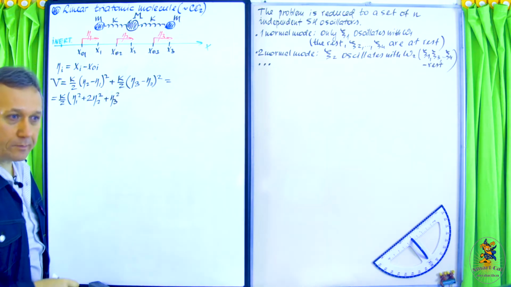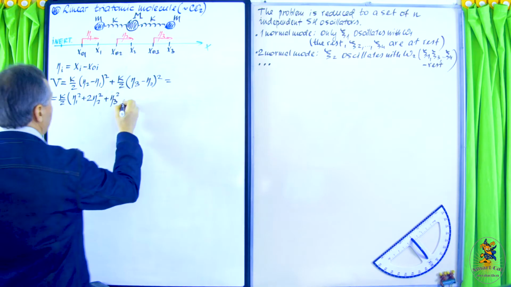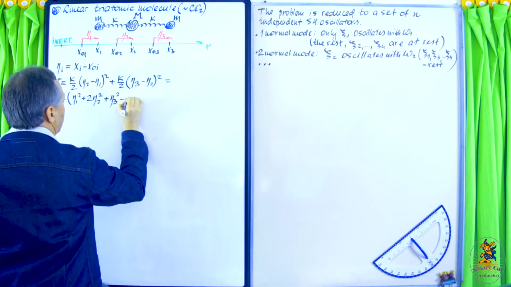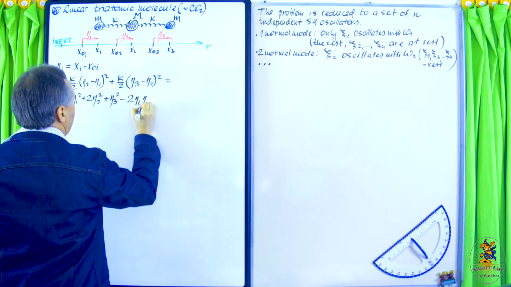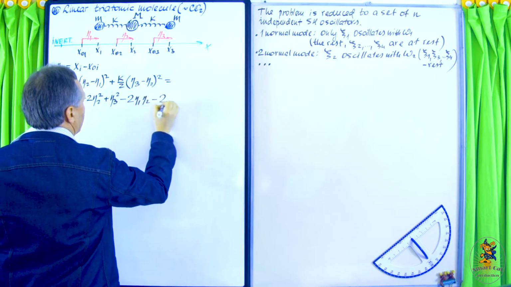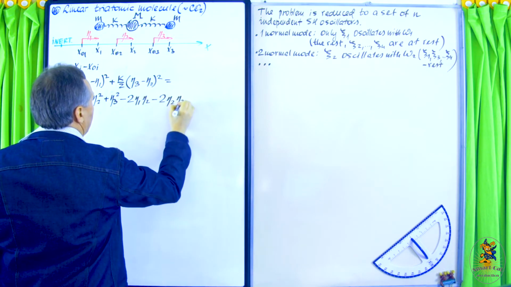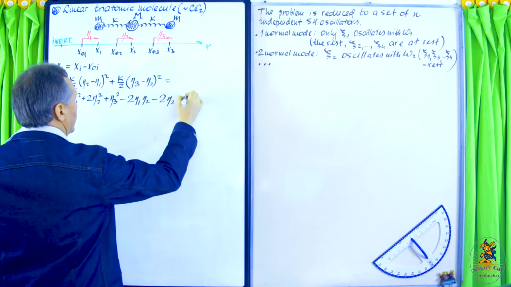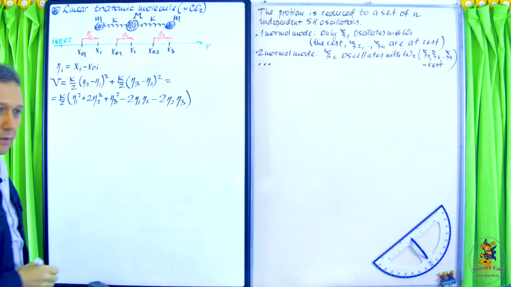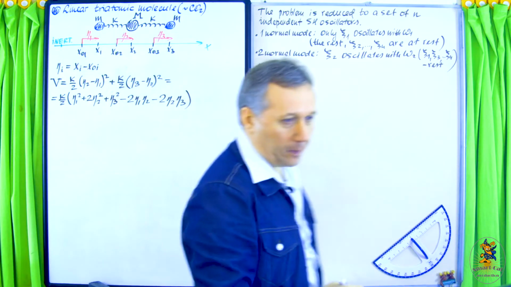And then cross terms: from this, minus 2 eta 1 eta 2, and from there, minus 2 eta 2 eta 3. That's it.